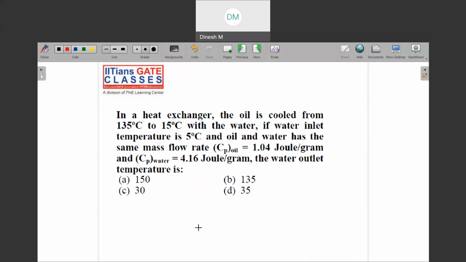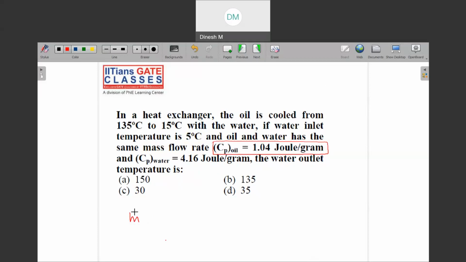So let me help you how to find this one. What are the things given to us? Let us try to recall them. Can you see one thing, that it is Cp of oil. So what do you know about m dot C?